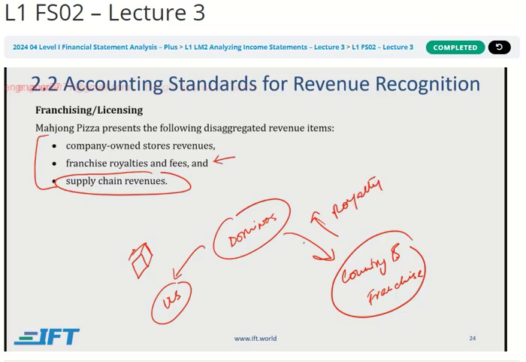And one-time fees, which we already discussed. So that is there as well. But also, Domino's is probably selling them some flavors, just ingredients that they use. So that is where the supply chain revenues are going to be coming in.